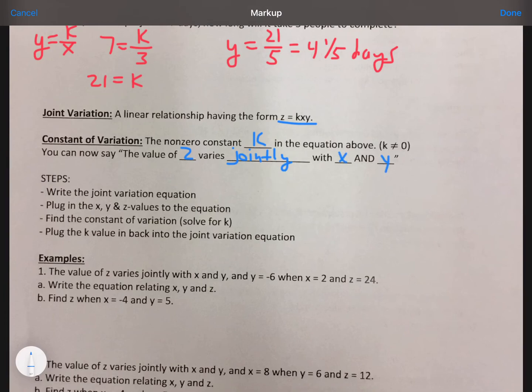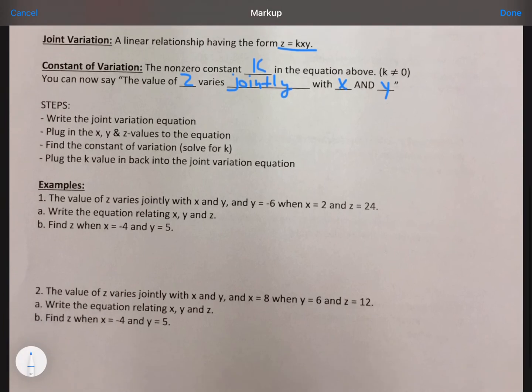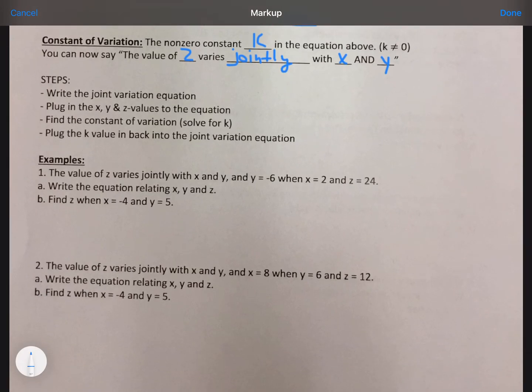So we write the joint variation equation, plug in x, y, and z, find k, and then plug it back in. So example 1, the value of z varies jointly with x and y. z equals kxy. And y equals -6 when x equals 2 and z equals 24. So 24 equals k times 2 times -6.